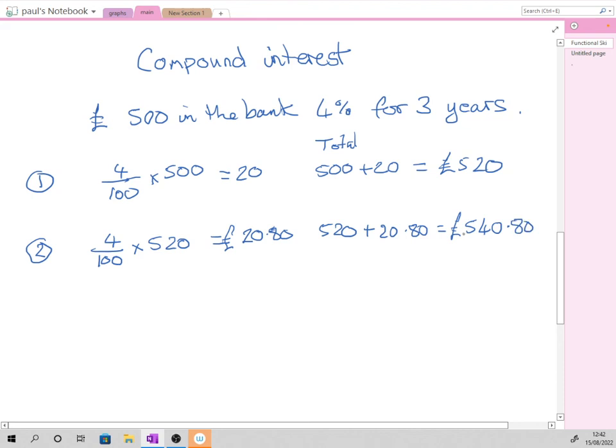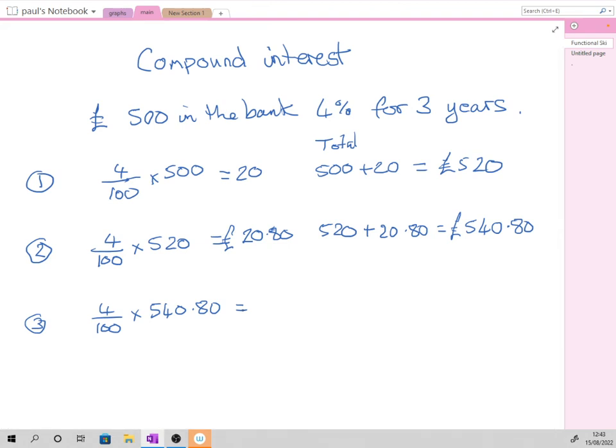You see how our money is growing? So year 3, we repeat the calculation all over again. 4% times, now we've got £540.80. So 4 divided by 100 times £540.80 gives us £21.63.